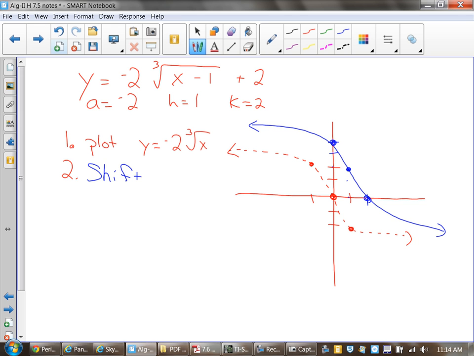Yes, sir? So would you say that these two graphs here are parallel? Parallel deals with lines, but I know what you're getting at, and I would say yes, because they're never going to intersect.